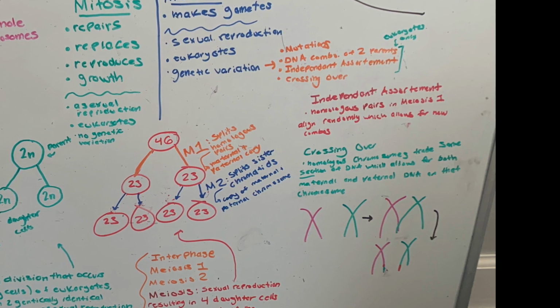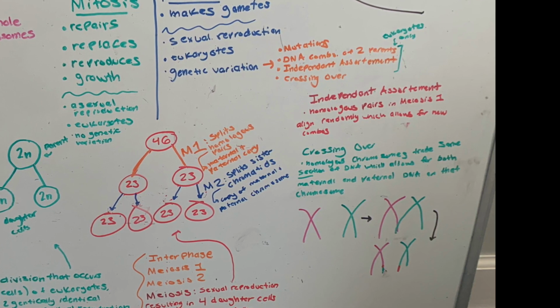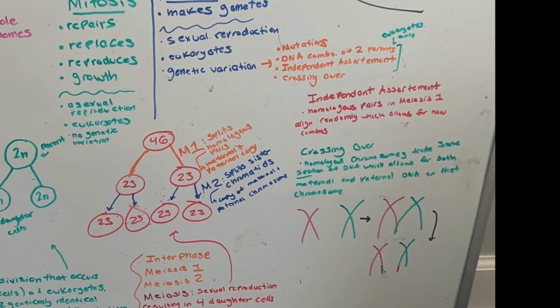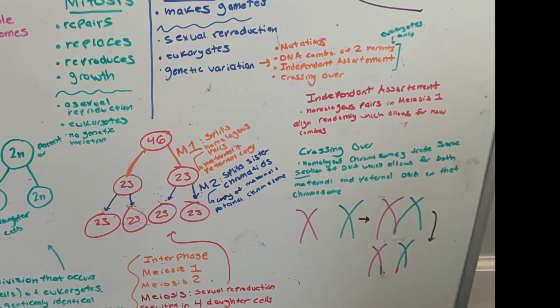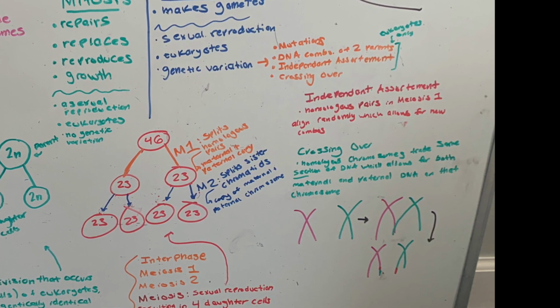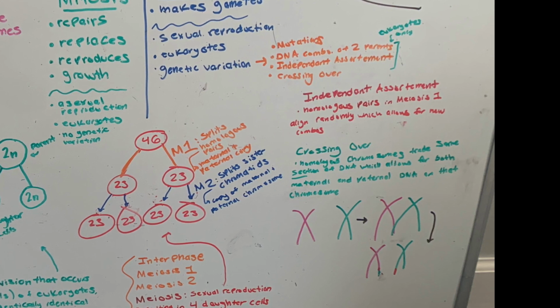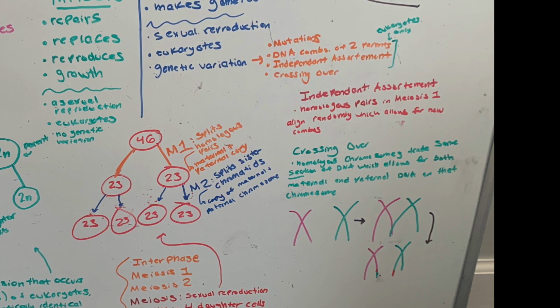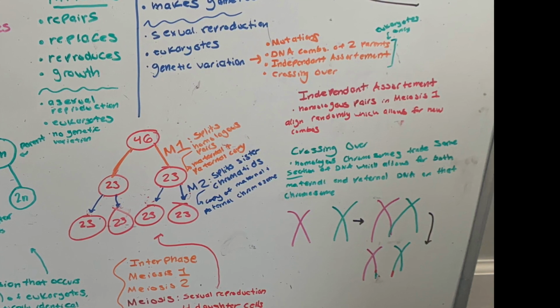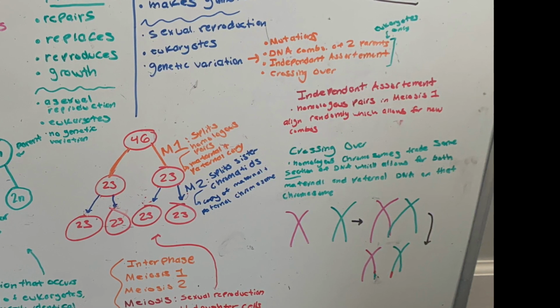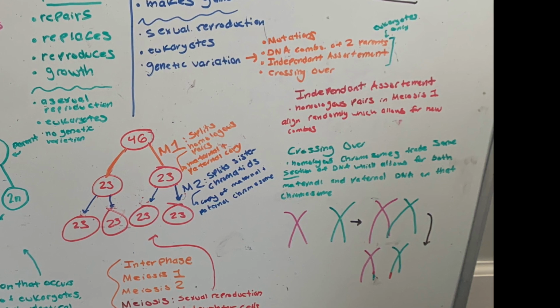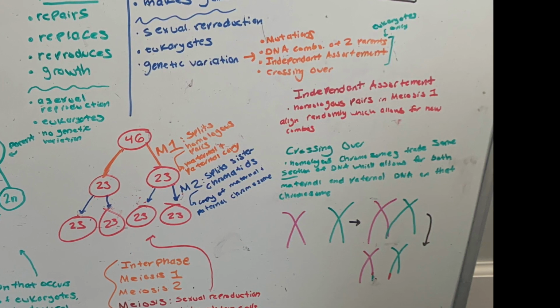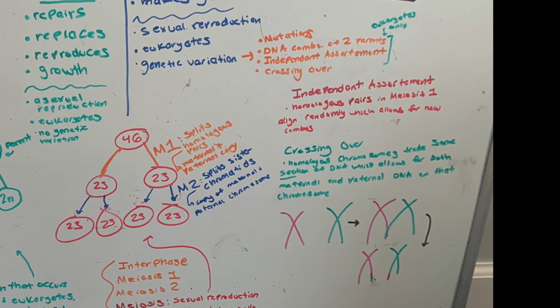So crossing over is very much how it sounds. So we have the pink, we'll say, is the maternal chromosome, and the green, which is the paternal chromosome. They quite literally overlap, and so that same section, the DNA that the dad has, is going to end up on the mom's chromosome, and the mom's DNA is going to end up on the dad's chromosome.